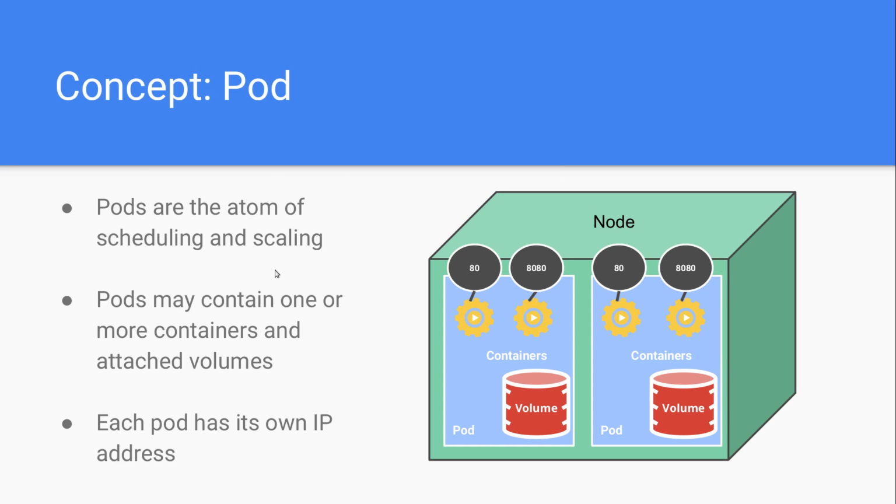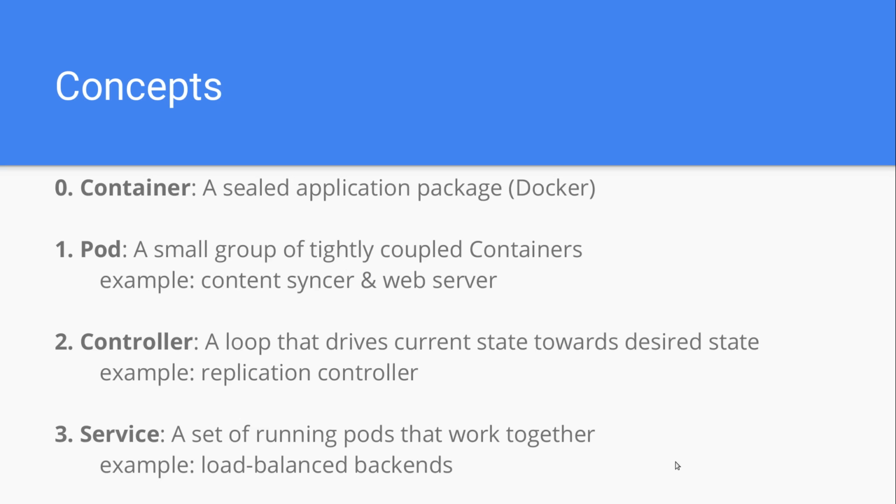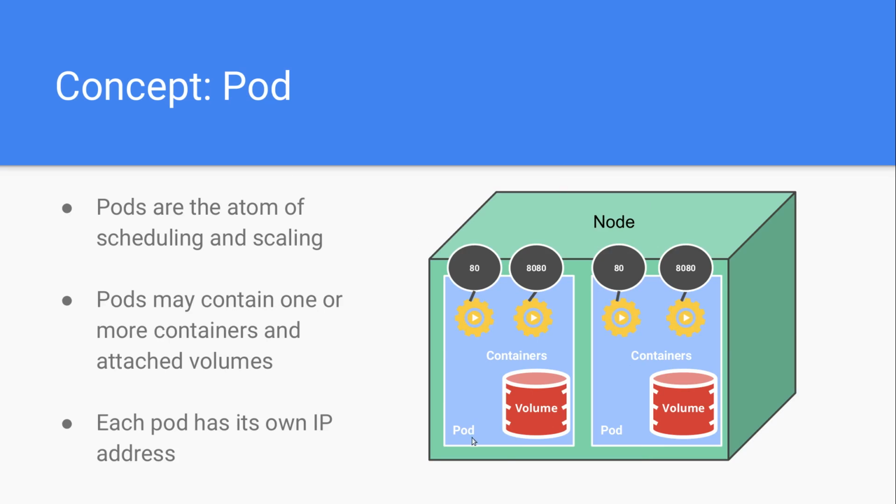What is a pod? Pods are the atom of scheduling and scaling. You see that in one node, it's a physical node. So at first I move back here, and you see that we have multiple nodes because we deploy our application in Kubernetes, and this is a Kubernetes cluster. On one node, we have some volume.